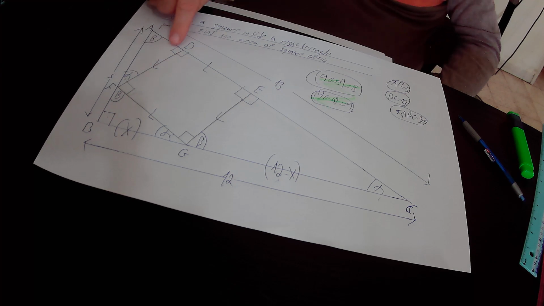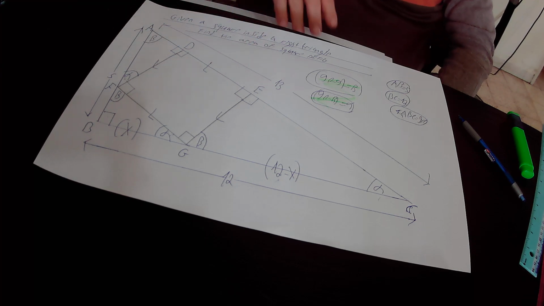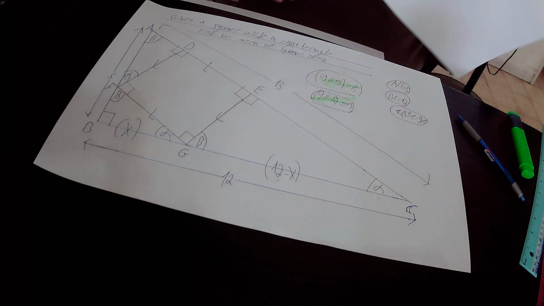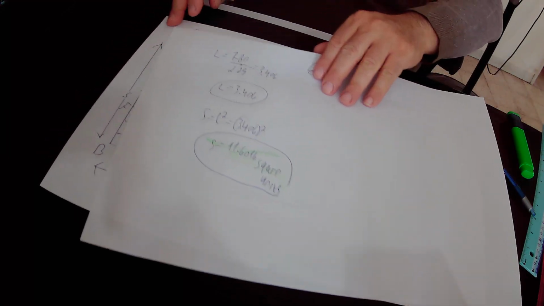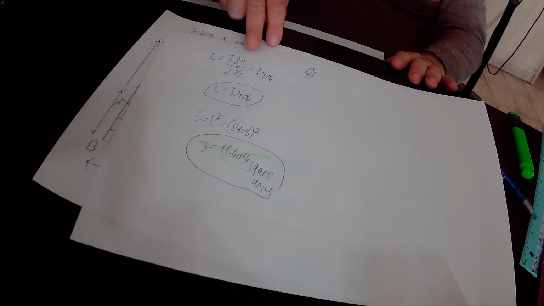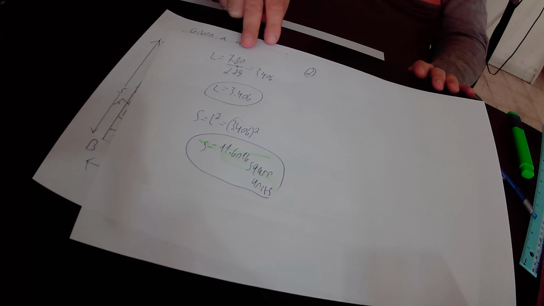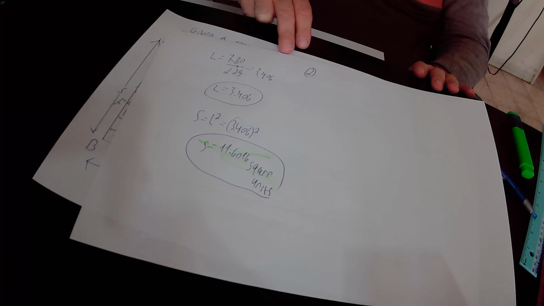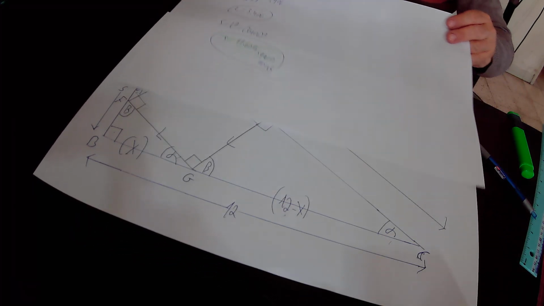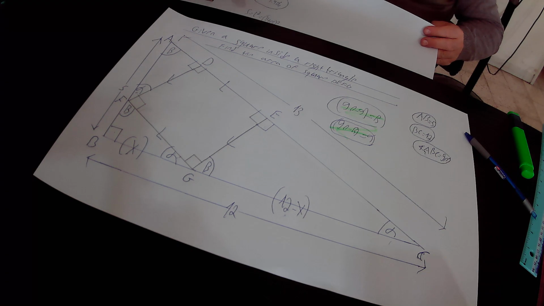We divide this equation by 229 and finally find that L, the length of one side of this square DEFG, equals 780 over 229, which is 3.406. You know that the area of any square equals the square of one side.